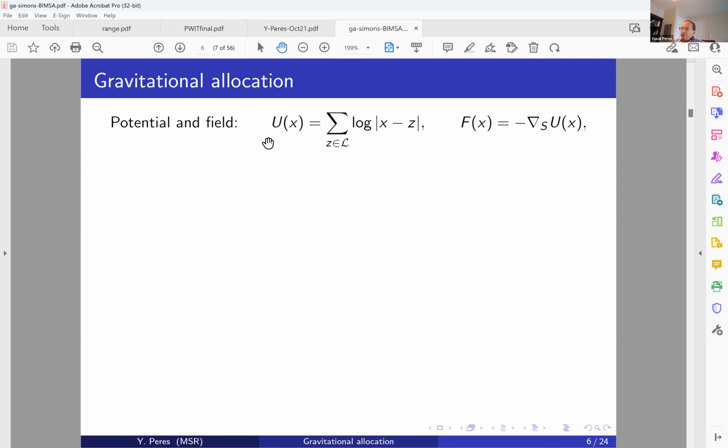We start with the gravitational potential, which in 2 dimensions will be logarithmic. This is this u of x, and the force is minus the spherical gradient of this potential.